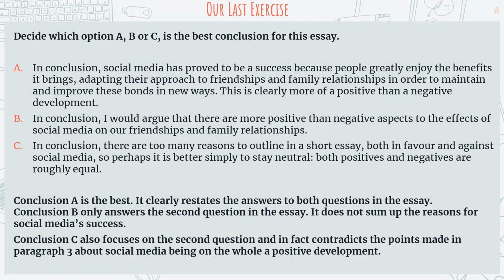And you have to summarize the two questions in your conclusion. Don't just summarize one of the two questions. Conclusion C also focuses on the second question, and in fact, it contradicts the points made in paragraph 3 about social media being on the whole a positive development. So it's not a really good conclusion.